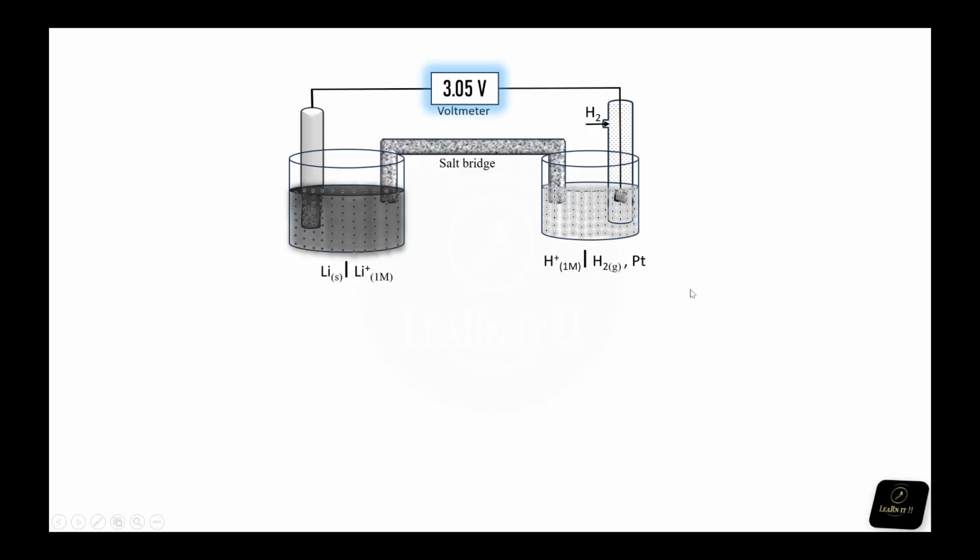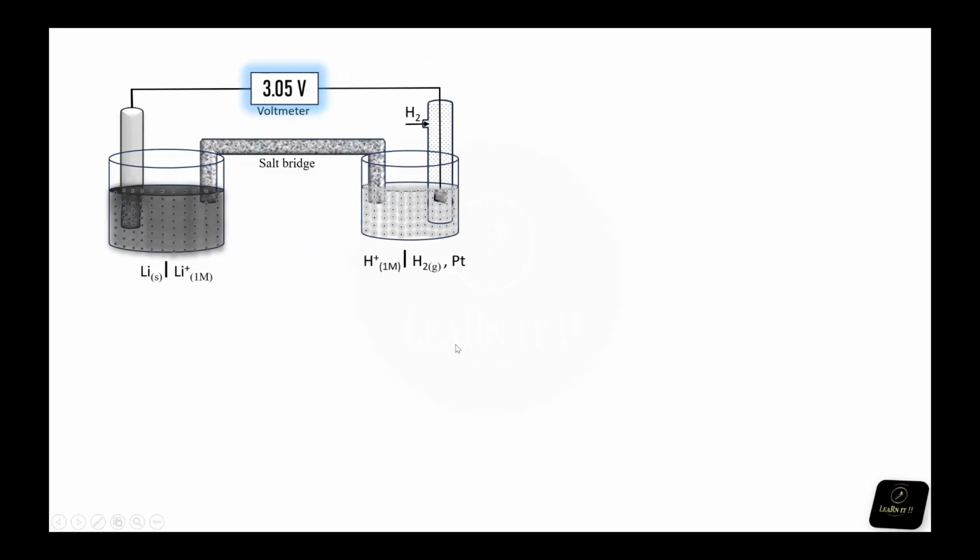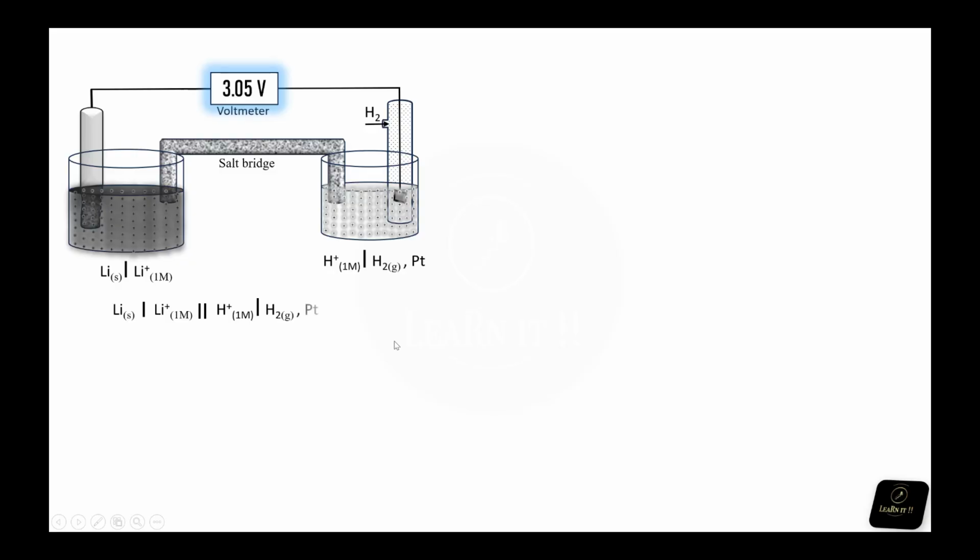hydrogen electrode. So cell representation is same like zinc. The lithium, which is solid, in contact with lithium cation, which is having the concentration 1 molar, which is connected to salt bridge, which is connected to hydrogen ion or acid, whose concentration is 1 molar.